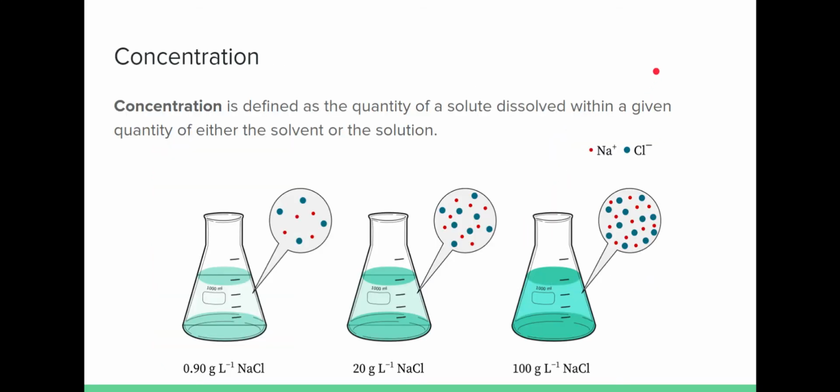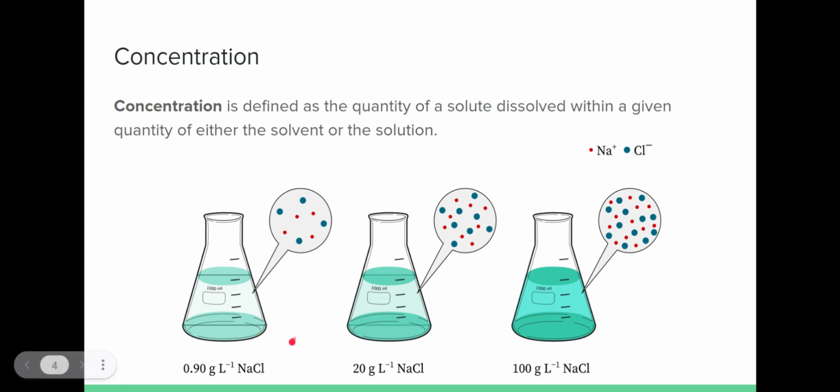Now, when we measure how much of a solute is dissolved in a solvent, we measure it in terms of concentration. Concentration is simply a way for us to put a number to the amount of solute that is dissolved in the solvent. When we measure concentration, it can be measured in a few different ways.